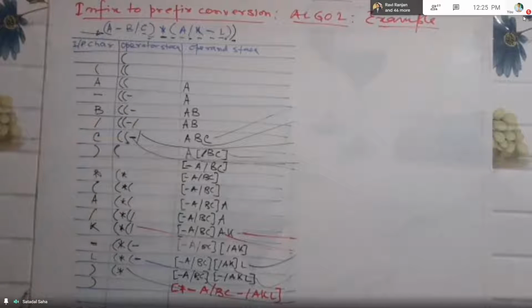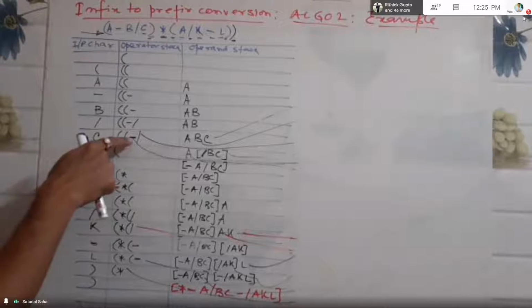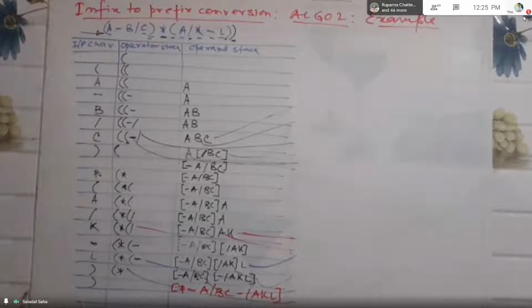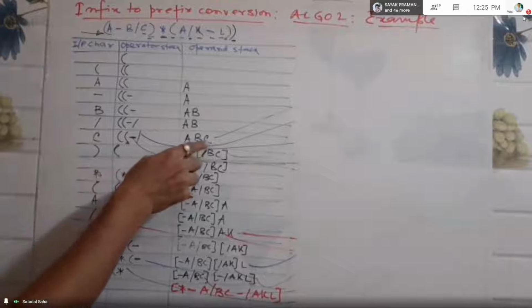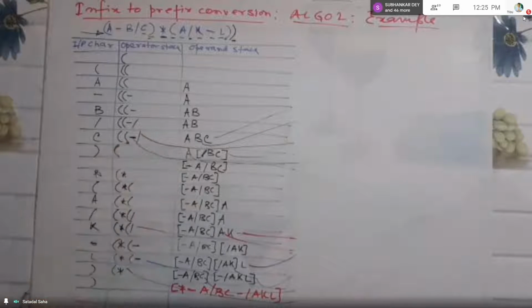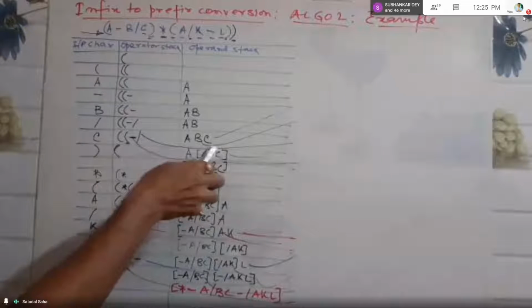Then a closing brace. This closing brace is important because it may need multiple operations. In this case, when you face this closing brace, there are already two operators in the operator stack before the last opening brace. So we need to pop one by one. Popping means you need to pop two operands from the operand stack, pop one operator from the operator stack, and then concatenate like this.